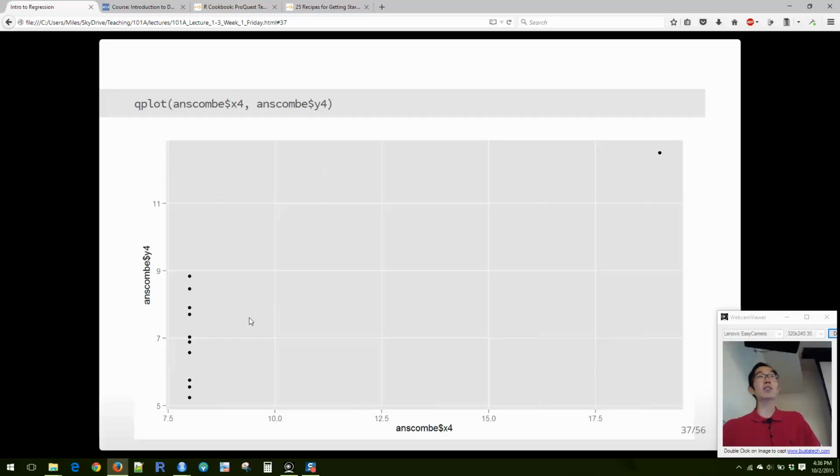You're trying to see how y varies when x varies, but you didn't get any measurements for any other values of x except one data point out here at 19. This is the only data point where x was not equal to 8, and you're trying to base your entire judgment of the relationship between x and y on this single data point.